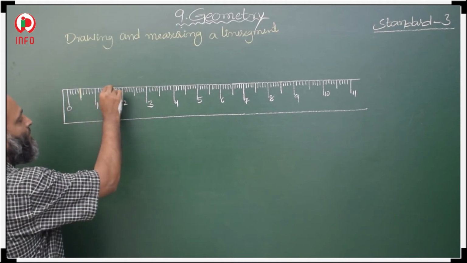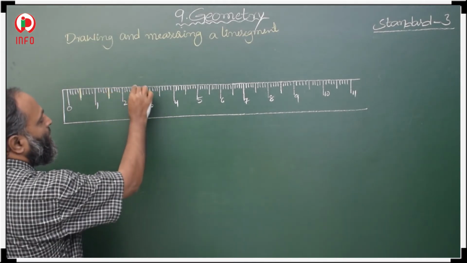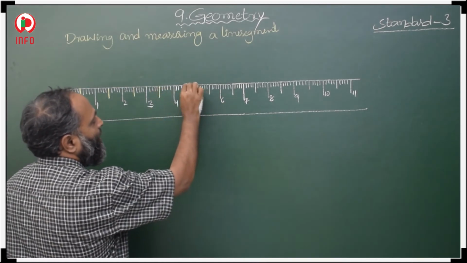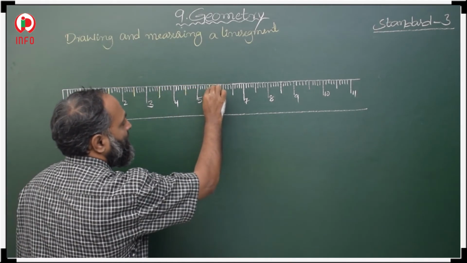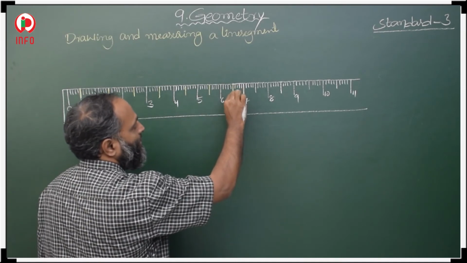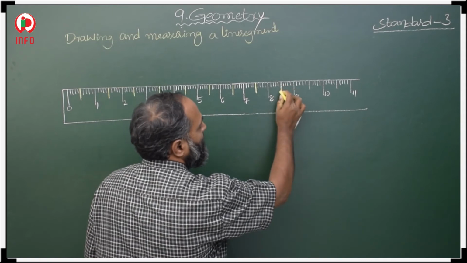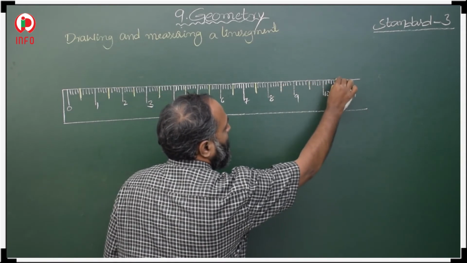Between 0 to 1, one big line is there, 1 to 2 also one big line, 2 to 3 also, 3 to 4 also, 4 to 5, 5 to 6, 6 to 7, 7 to 8, 8 to 9, 9 to 10, and 10 to 11, and so on.